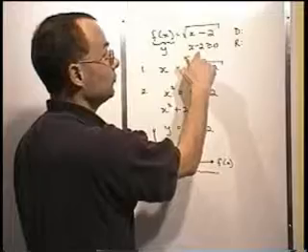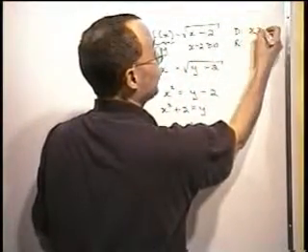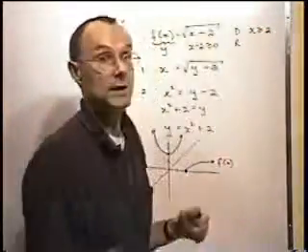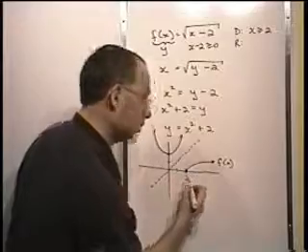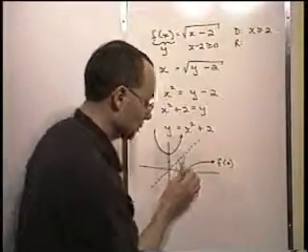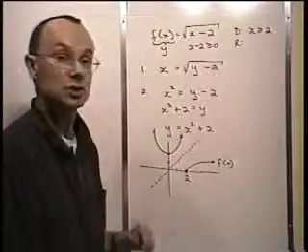Now if I just add 2 to the right, that tells me that my domain has to be x greater than or equal to 2. Well, that's no problem. That's what we see here on the graph. From 2 on, no problem for my domain. What about the range of this function?